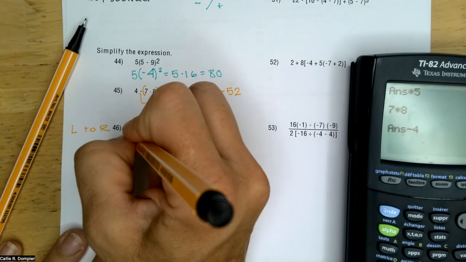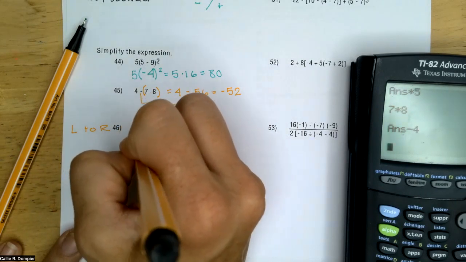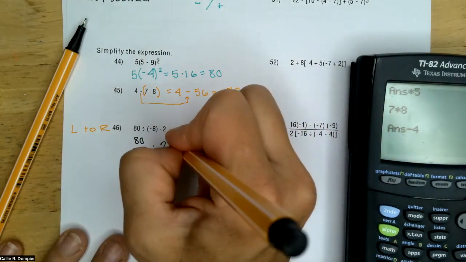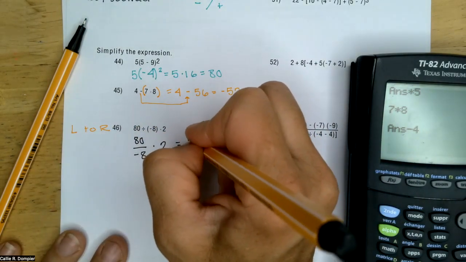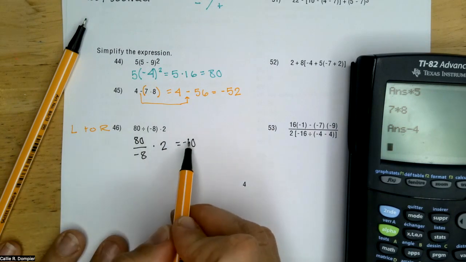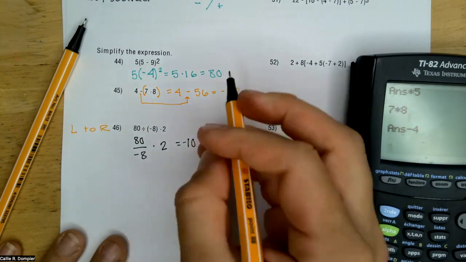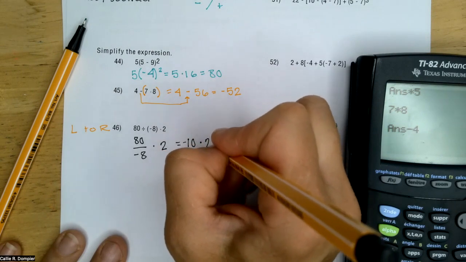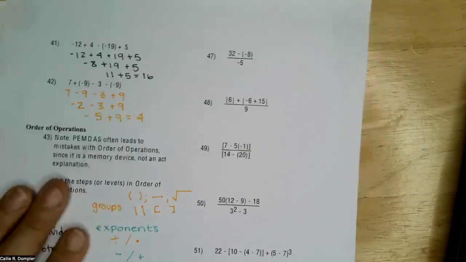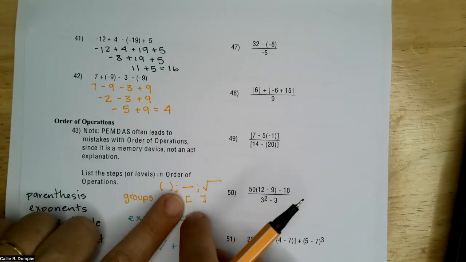So 80 divided by -8 is going to be -10, because a positive divided by a negative is a negative. Then -10 times 2 is -20. Good? All right.